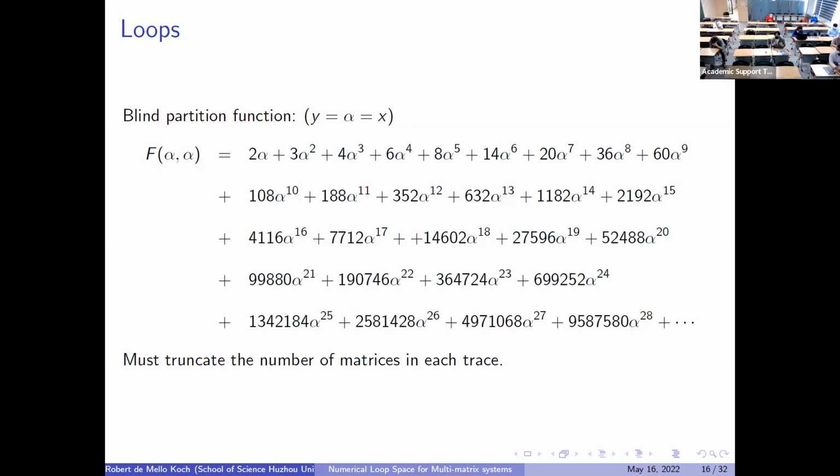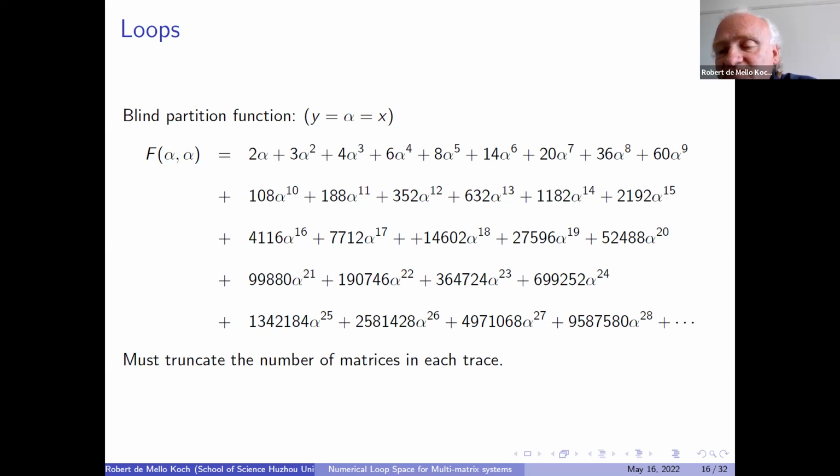Sorry, my question is just a mathematical question. I mean, how fast is the growth? Is there some simple possible formula? Yeah, so it grows like something like e to the n squared, where n is the number of matrices in the trace.